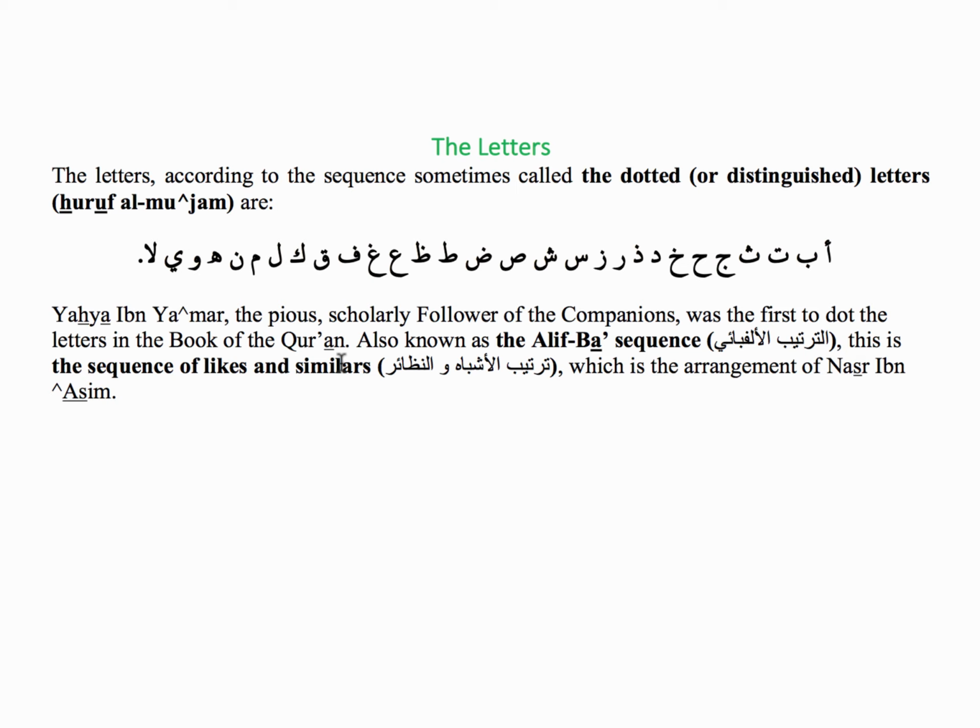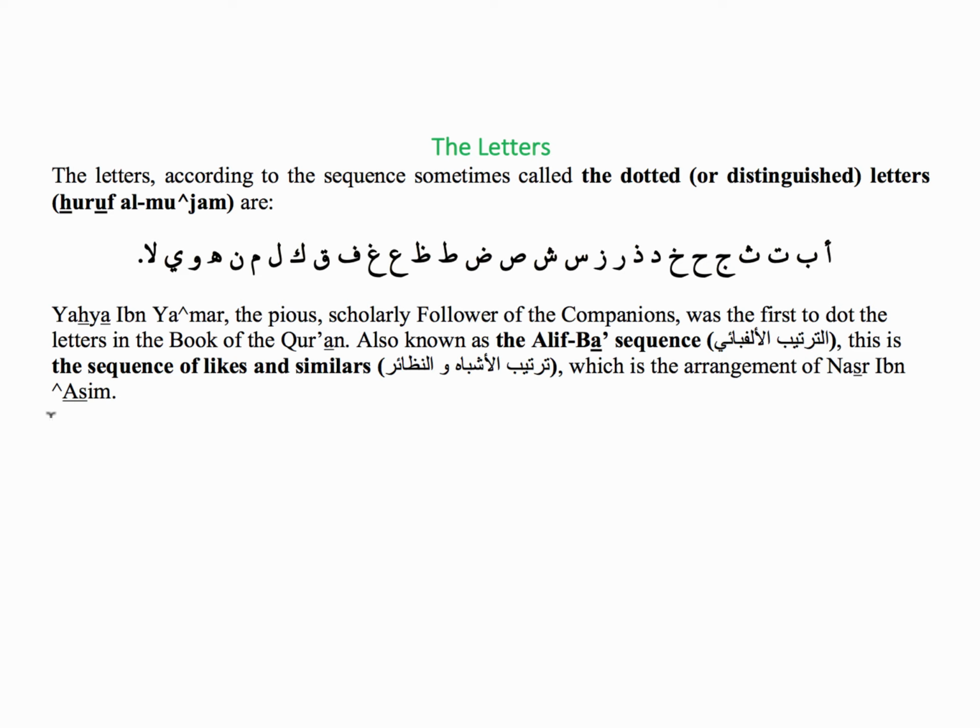He did that for the sake of the Mus'haf, for reading the Quran, and then it spread through the Arabic language. And all of these letters are called huruful mu'jam, the dotted letters or the distinguished letters, even though some of them don't have dots. That's just a way of naming all of them according to the quality of some of them.